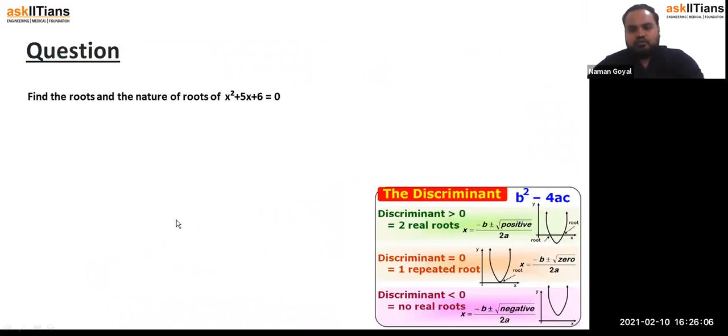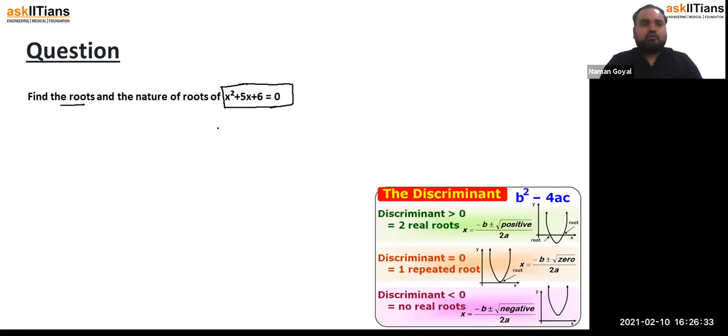Okay. So now see, find roots and the nature of roots of this equation. Now see, this equation can be solved by using the concept of middle term splitting. This equation can also be solved by using the concept of completing the square, but for now we learn the quadratic formula.